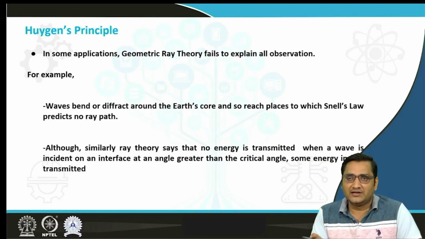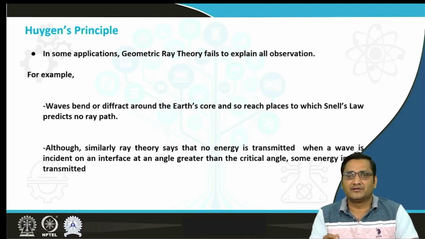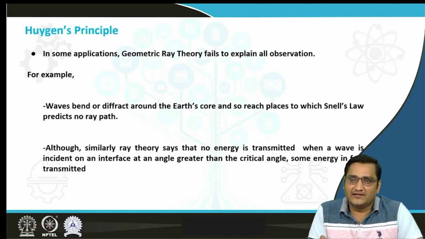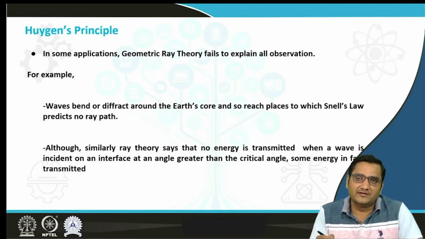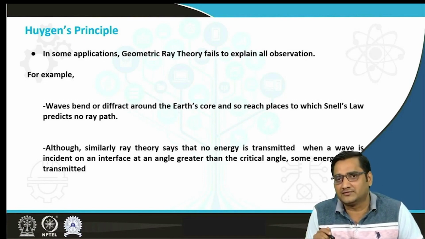When the diffraction happens, these waves also reach the shadow zones. The shadow zone is the zone where, if you are talking about the P wave shadow zone or the S wave shadow zone, these waves should not reach, but they do. Due to the diffraction phenomenon, Snell's law basically predicts no ray path.